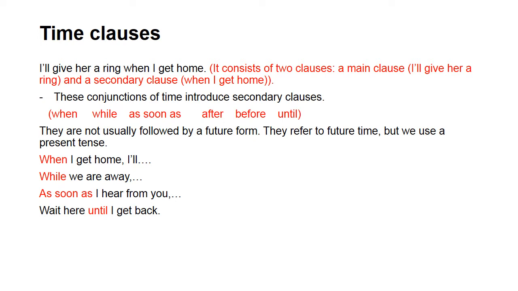They refer to future time, but we use a present tense. We can see in this example: when I get home, I will continue the sentence. While we are away, and continue the sentence, as soon as I hear from you. Wait here until I get back.